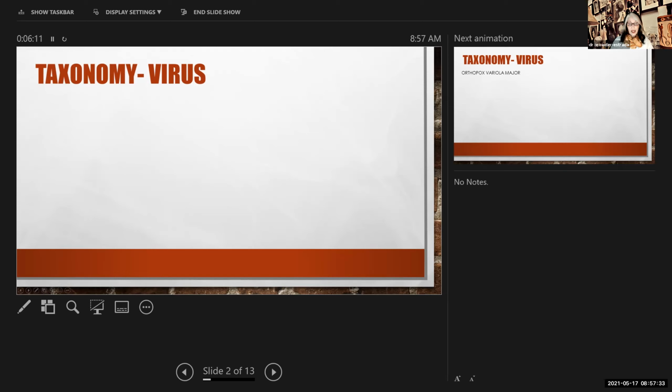So viruses themselves are their own taxonomic group, and then hierarchy going down to genus, species, and subspecies for these. Okay, so this, you all, is the taxonomic species identification for smallpox.